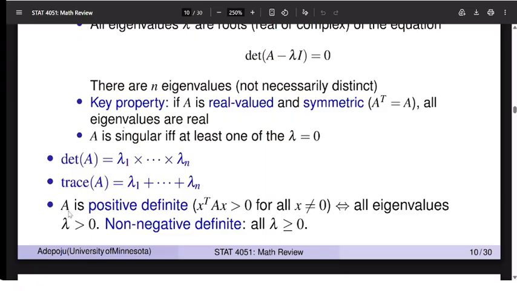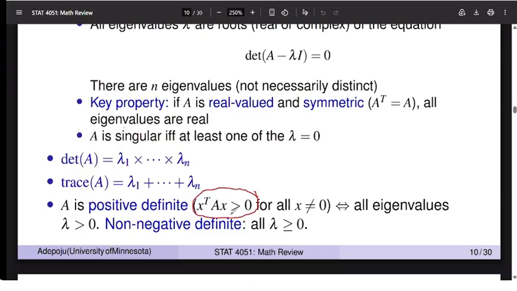When A is positive definite, what do we mean by that? If you want to verify, we're talking about strictly greater than zero. That's strictly greater than zero: we have a positive definite matrix. Semi-positive definite will include equal to zero.